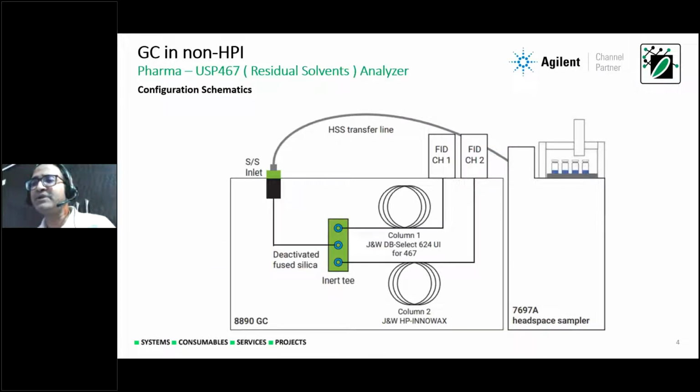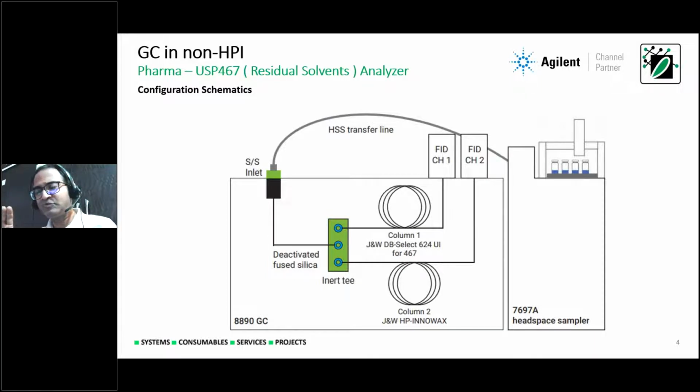Pharma, what we are looking at is the USP 467, which is the residual solvents analysis. The typical hardware configuration, or the schematic of the configuration, is in front of you. You see we have the headspace. Headspace does the sampling part, and what we do in headspace is we take the sample in a vial.